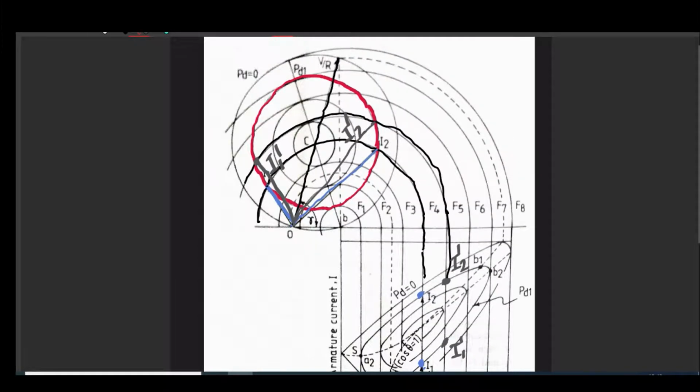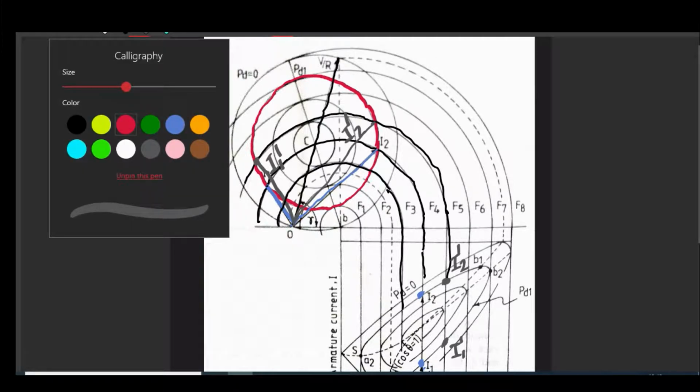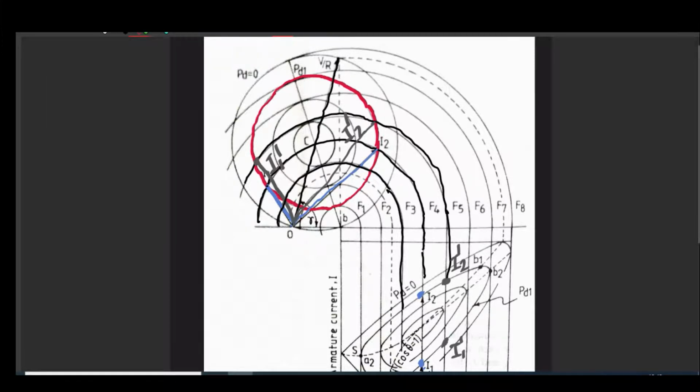Clear? Now another one, if we take, suppose, this one, what will you have here?